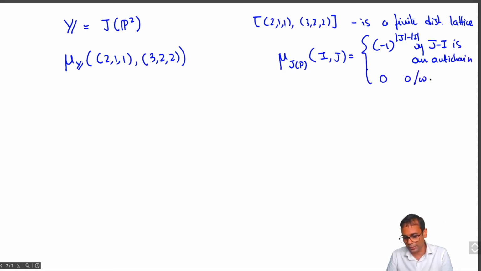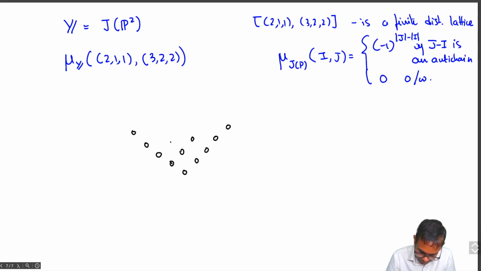So now let's just try to draw 3, 2, 2 and 2, 1, 1 as ideals. So let's first draw N squared. So N squared is a grid like this. Since it's a Hasse diagram, I'm tilting the grid so that the order relations are properly reflected. And 322 is given by this order ideal 3, 2, 2.